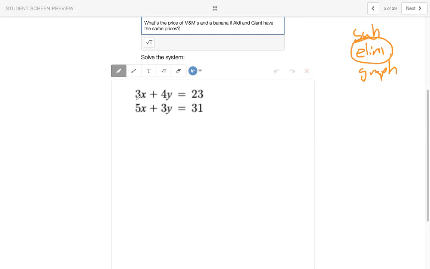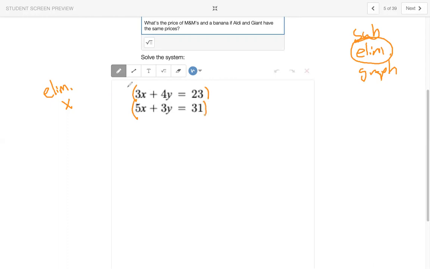So let's imagine that I wanted to eliminate x. That means that I would either have to end up with this as the opposite of this x term or this as the opposite of this x term. So this can be kind of tough, but I know that 3 and 5 are what I'm going to work with.